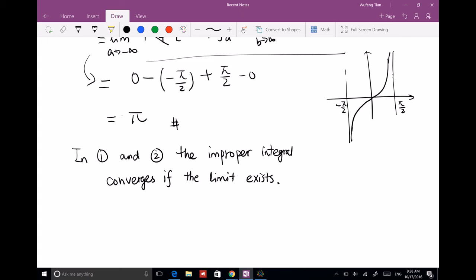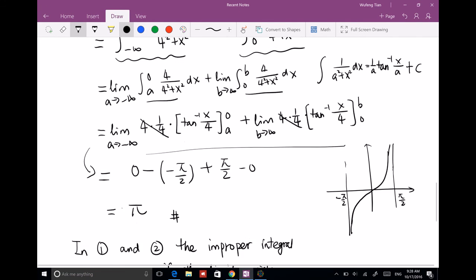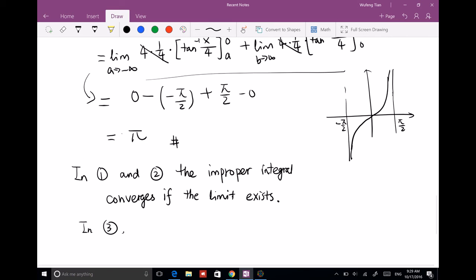Well, in 3, since I have 2 improper integrals, both of them have to converge, then it converges. If one of them diverges, then the whole thing will diverge.